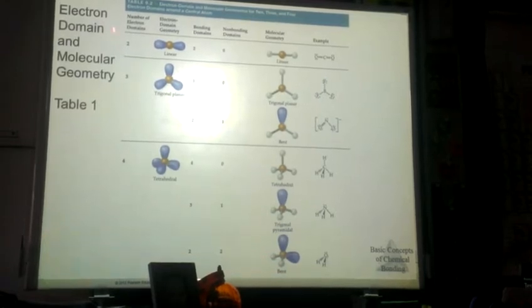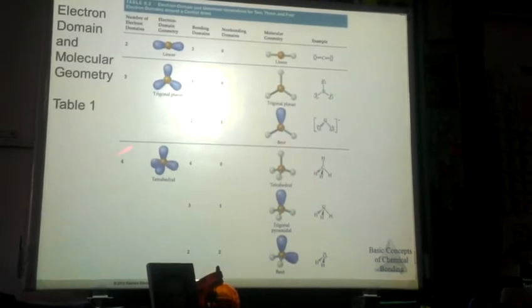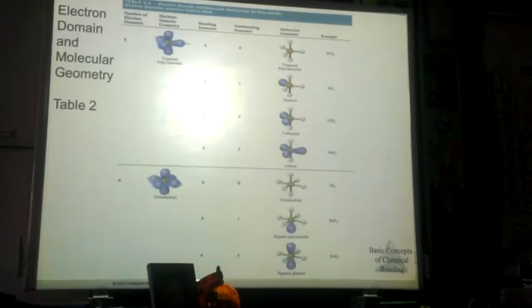So let's note here, linear has no subcategories, so linear is linear for its molecular geometry. Trigonal planar could stay trigonal planar or it could be bent. For tetrahedral, it could be 3 different options: tetrahedral, trigonal pyramidal, or bent. And all of these things are dictated, guys, by bonding domains and non-bonding domains.